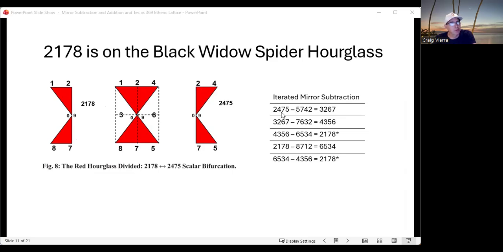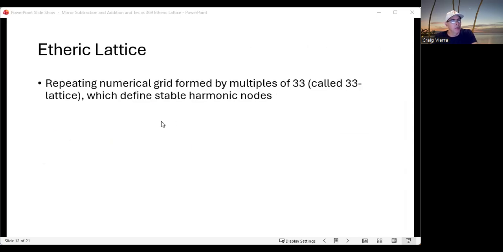And you can see if you put 2475 through iterated mirror subtraction, you end up with 2178. So we're back here. When I saw this, I knew 2178 was an extremely important number. So let's then look at the etheric lattice. How do we connect this?